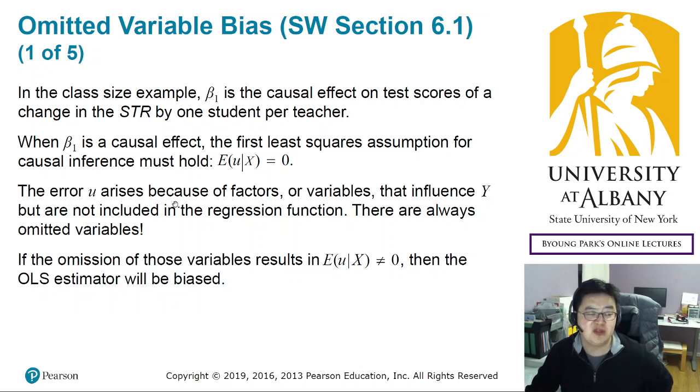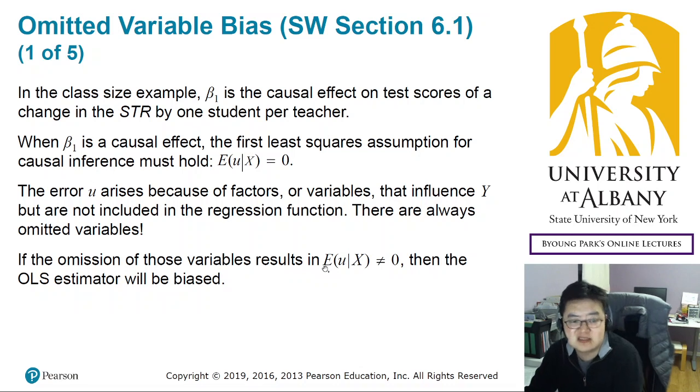All the omitted variables are included in u. And then if the omitted variable has something to do with X, then you get this problem. This violates the first assumption of the least squares, and so the violation will cause a bias in your estimator. So it is overestimating or underestimating.